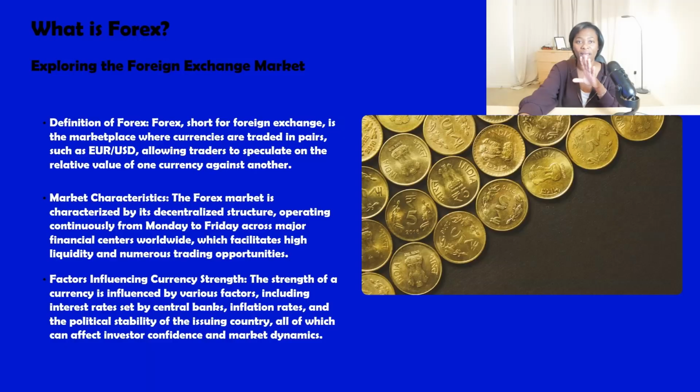So, what is Forex? Forex is short for foreign exchange. It refers to the global market where currencies are bought and sold. In this market, you are trading one currency for another because currencies are priced in pairs. For example, there is a currency pair called EUR USD, which is the euro versus the US dollar.